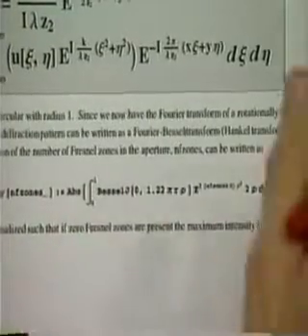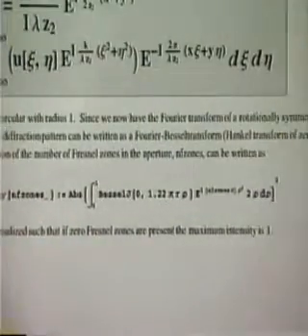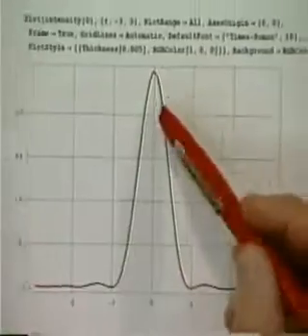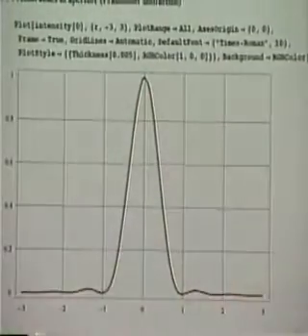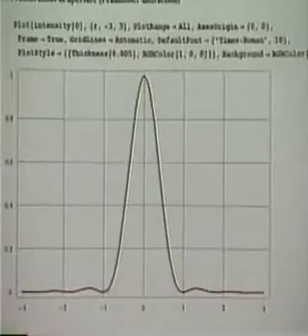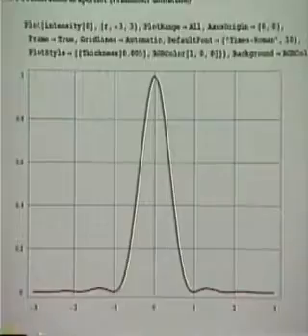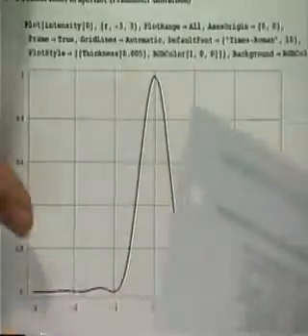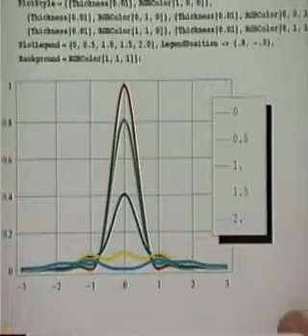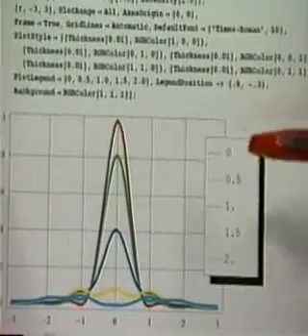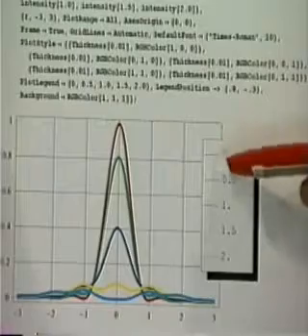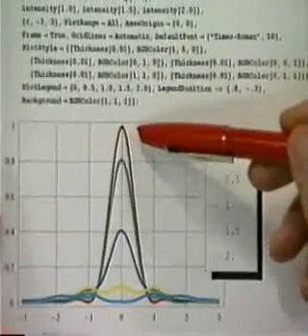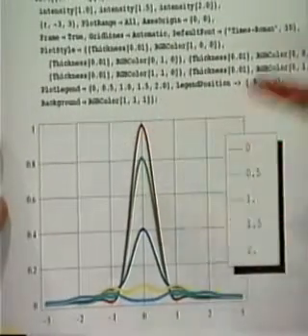This is just using this Fourier-Bessel transform, calculating a profile of the irradiance, and we get our normal Fraunhofer diffraction, which maybe you don't recognize yet, but you soon will. But what's more interesting for us right now, and this was in the handout, is that I put in the number of Fresnel zones, and we plotted 4 plots here.